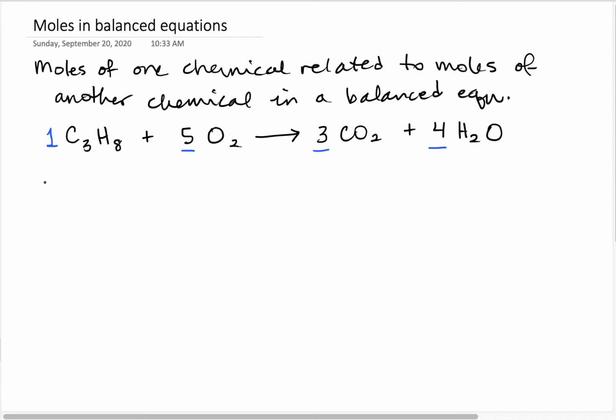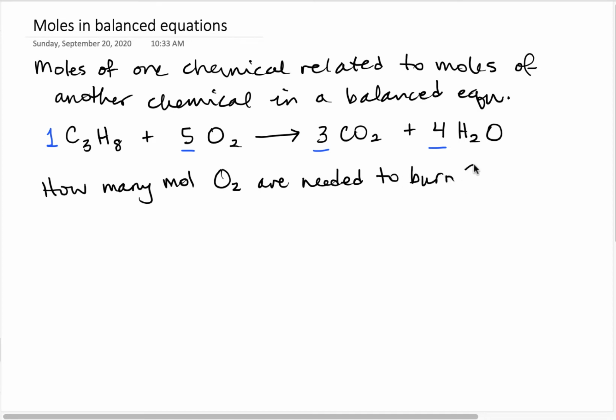So let's ask a question like, how many moles of O2 are needed to completely burn 2.78 moles of C3H8?